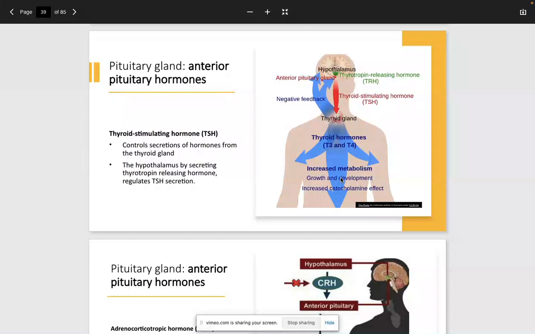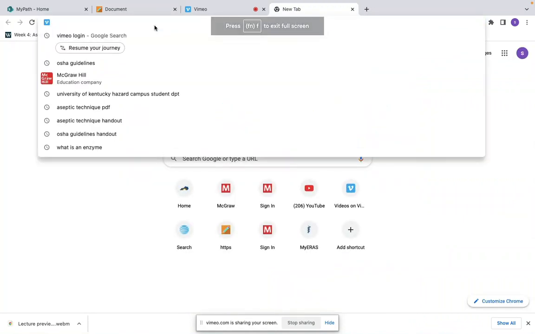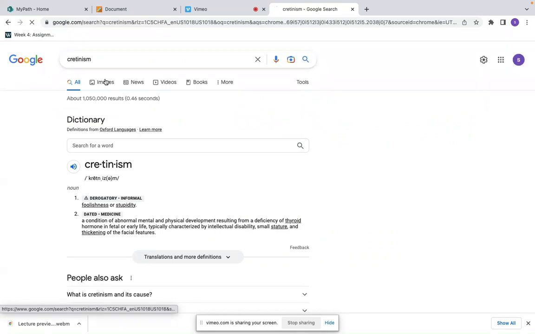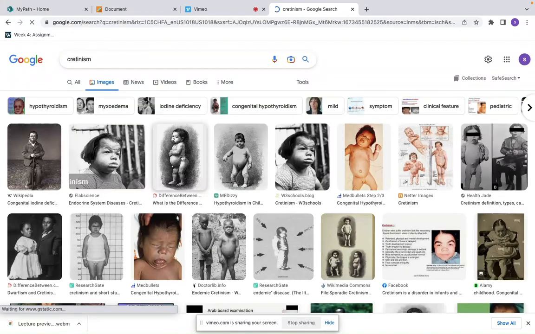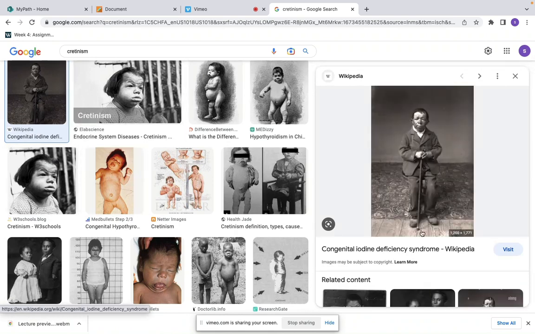It was previously called cretinism, and I'll show you guys why. The term has kind of been frowned upon now. So cretinism, and this is why children were born with too little thyroid, and they didn't develop normally. Here is a congenital iodine deficiency syndrome. And remember, I previously said that during the biosynthesis stage of forming hormones, especially thyroid hormone, we had to have iodine present.